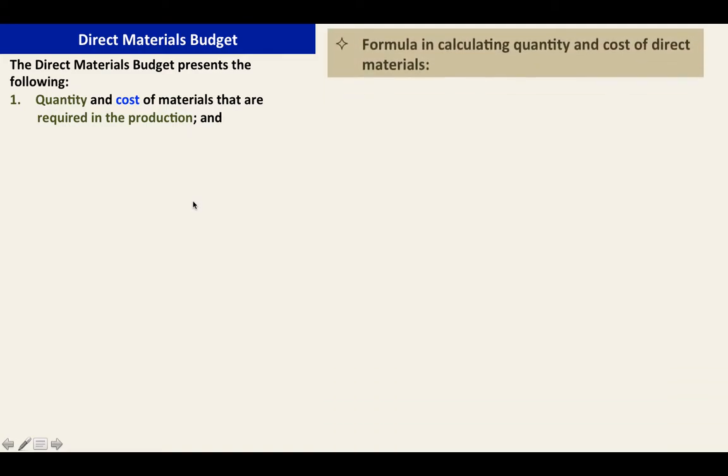Direct materials budget. The direct materials budget presents the quantity and cost of materials that are required in the production. So, quantity and cost in the production. Let us take a look at the formula for the direct materials budget.